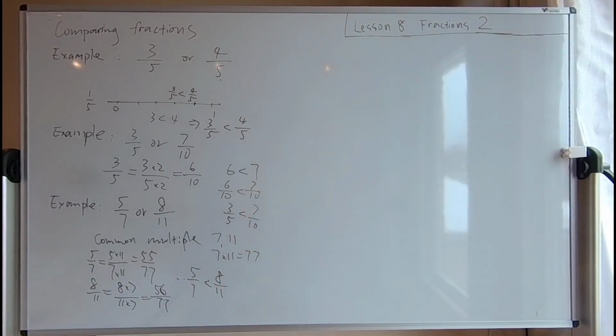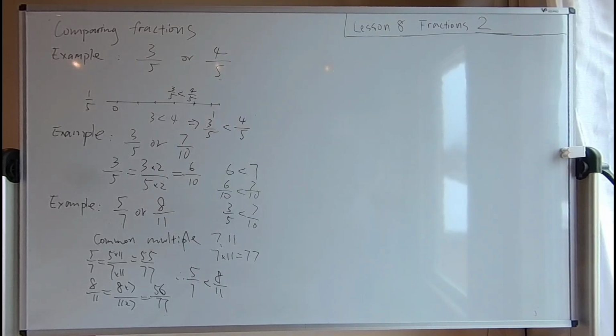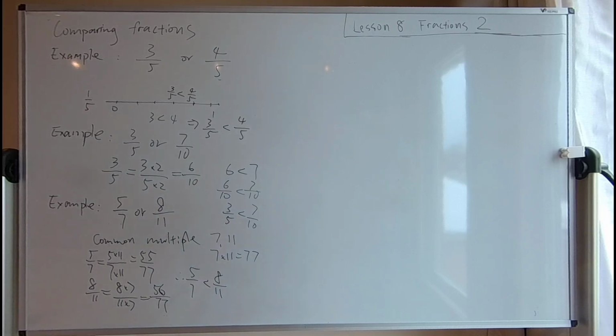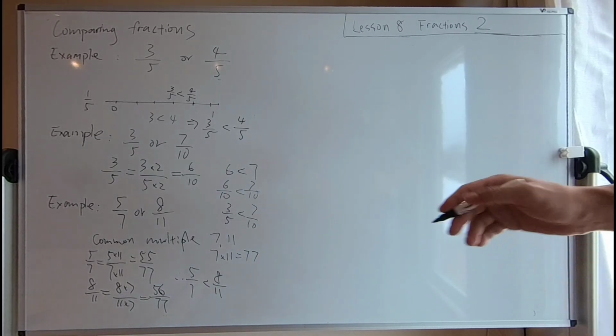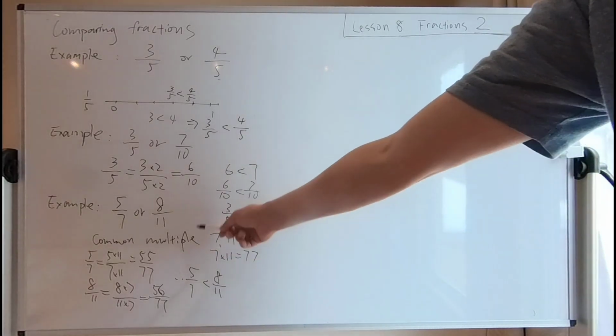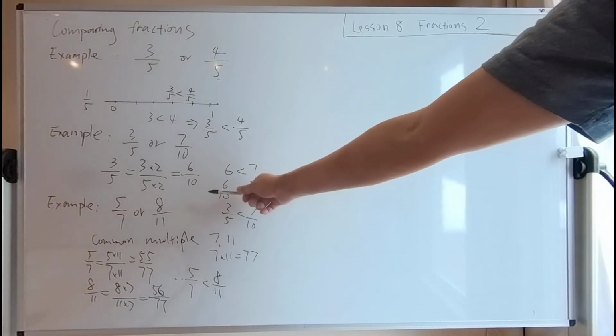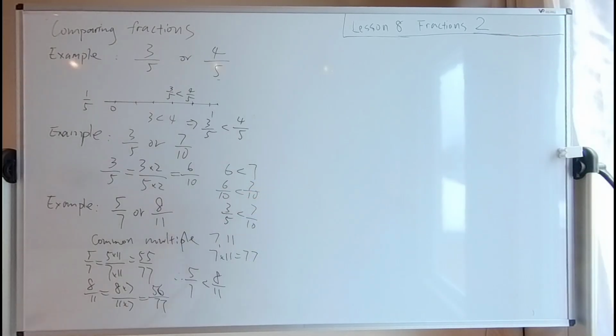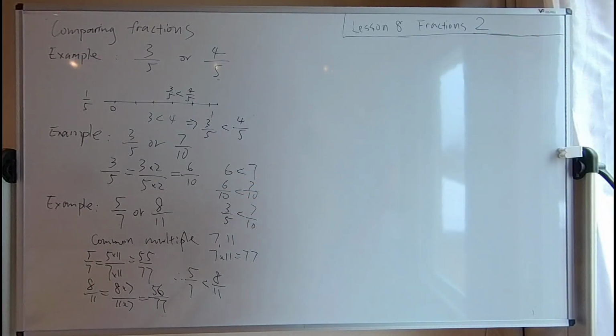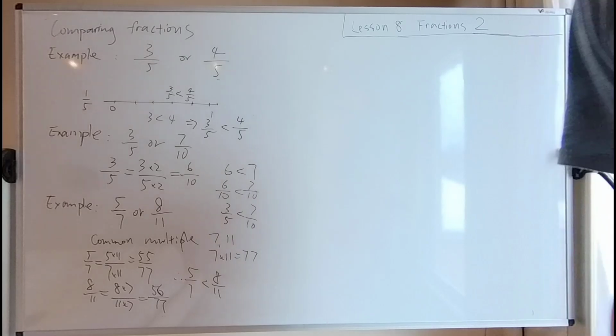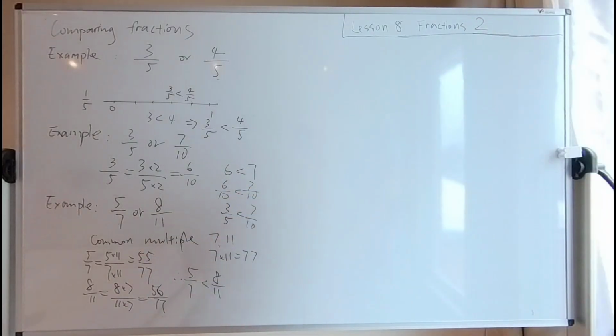Now you probably see a pattern or a general method that can be used to solve this type of question. So that means we always want to have the same denominator for the comparison, and the way to get the same denominator is to find the common multiple between the two denominators, or between multiple denominators.